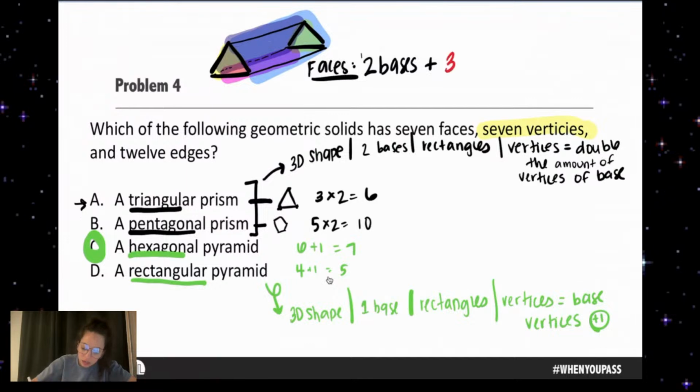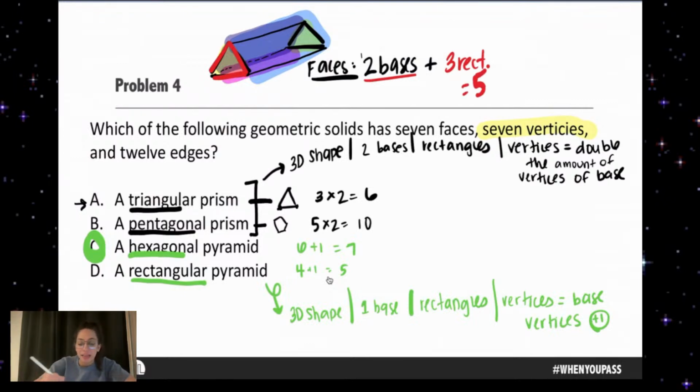So 3 rectangles. Wait a minute. That looks familiar. 3 is the same number of sides a triangle has. So the number of faces is going to equal 2 bases no matter what. A prism always has 2 bases, plus the number of rectangles matches the number of sides of your base. So 3 plus 2 is 5.